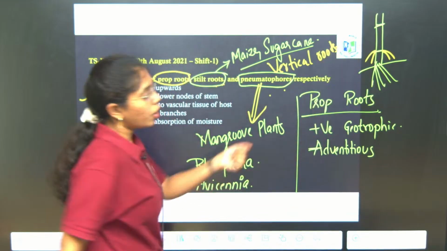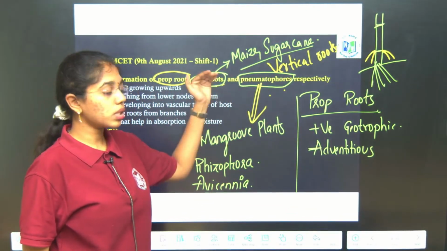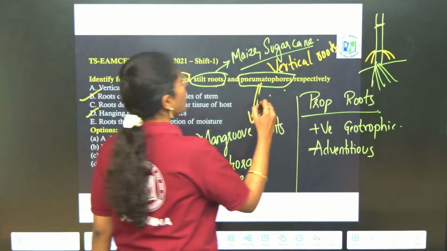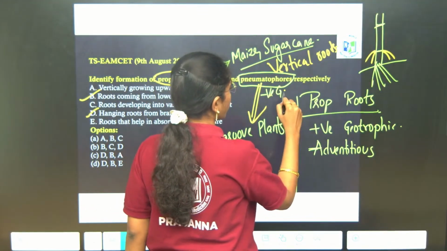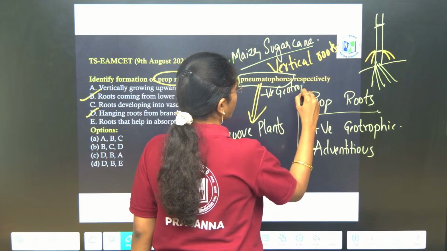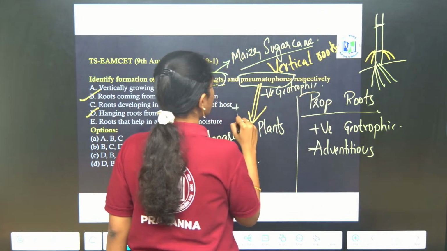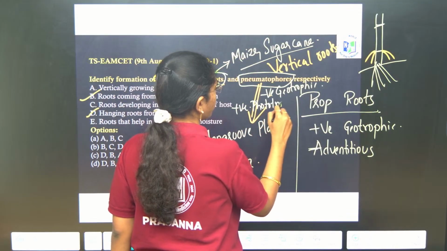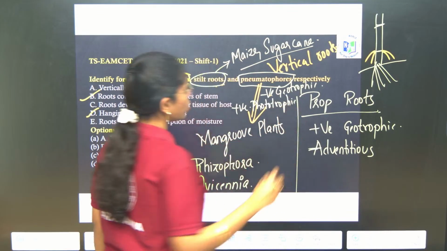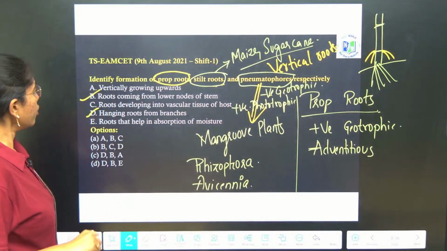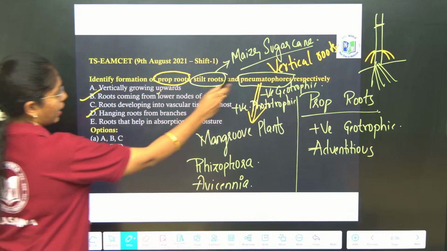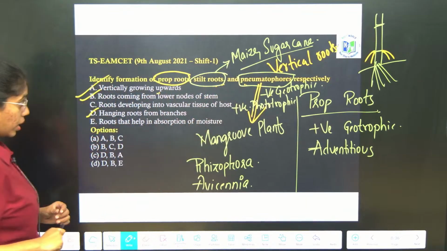Here you can see prop roots and stilt roots are positively geotropic, but pneumatophores are negatively geotropic and positively phototropic. They grow vertically upwards.